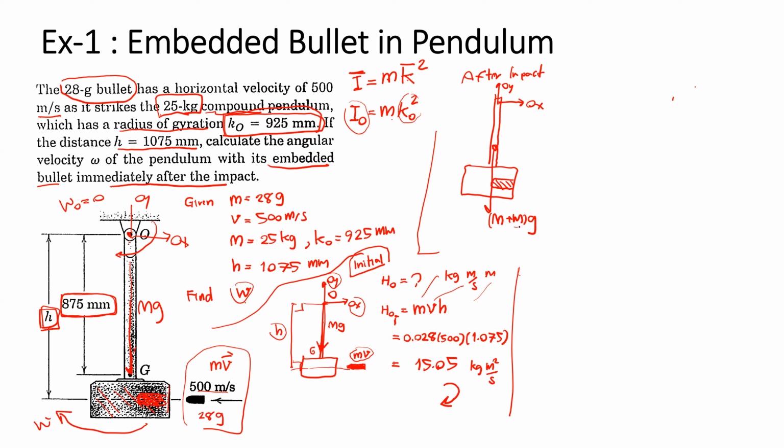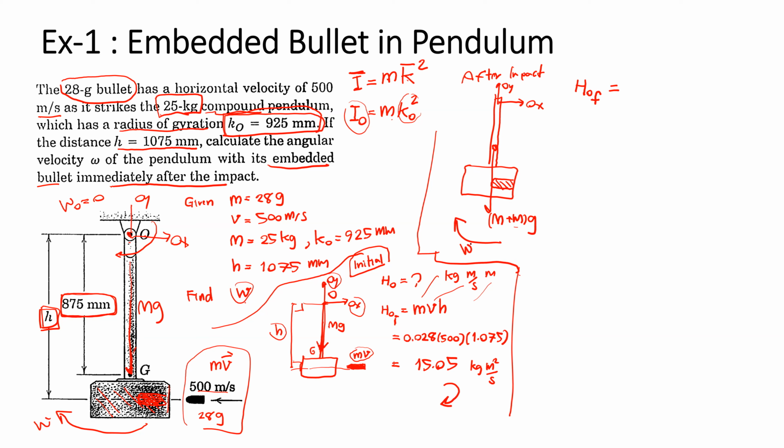What is the angular momentum about point O after the impact? After the impact, we don't know how it's going to rotate. What should be the initial omega?